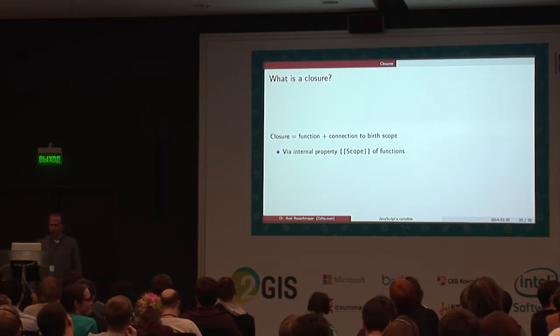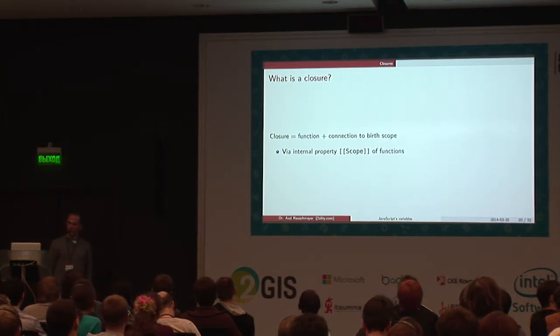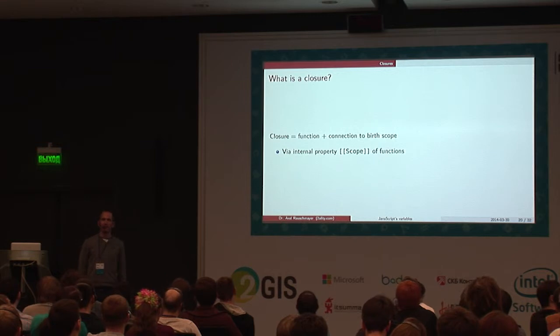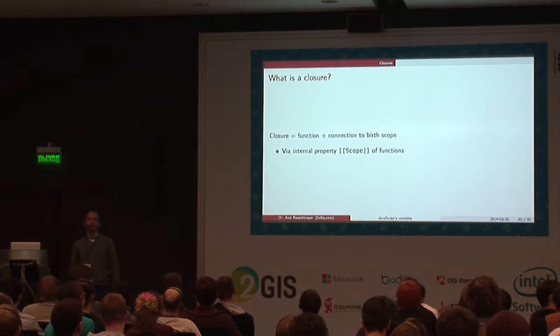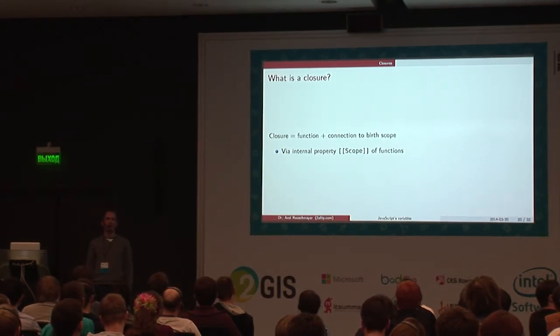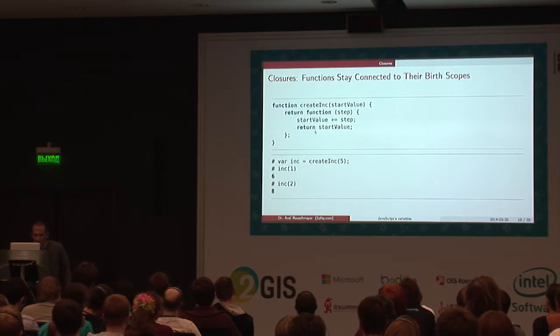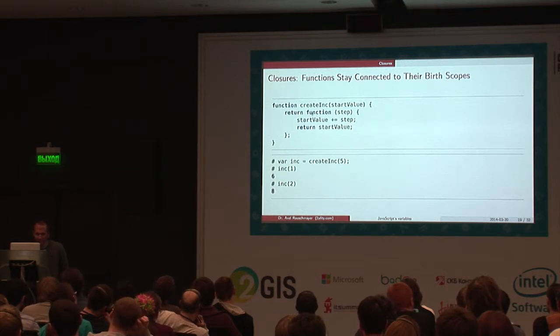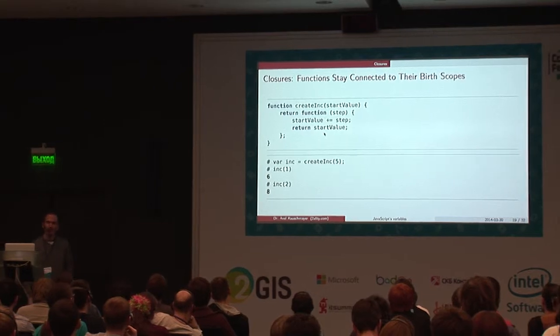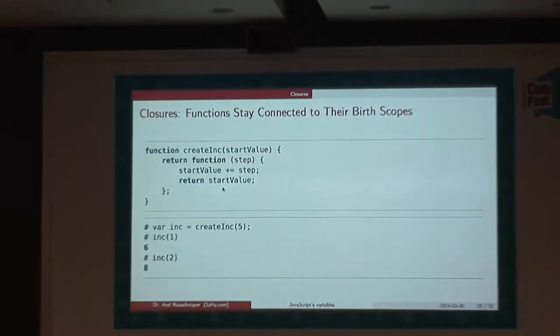So what is a closure? A closure is actually just a function plus the connection to its birth scope that a function has. So the reason why this inner function can still access start value even once it has left create_inc is because it stays connected to its birthplace.